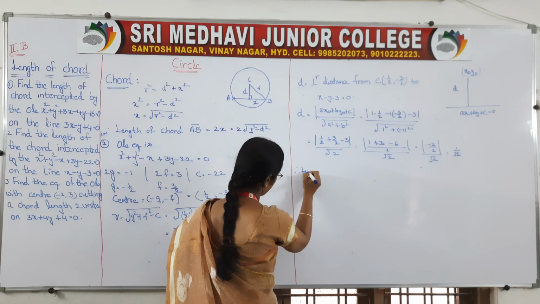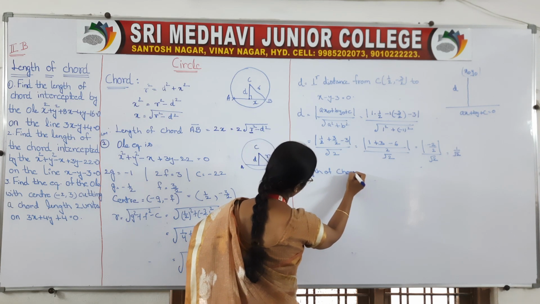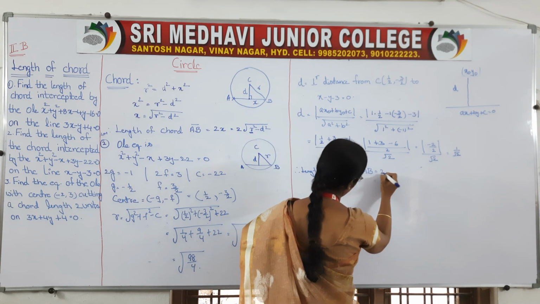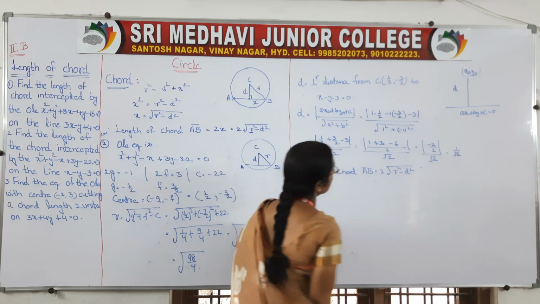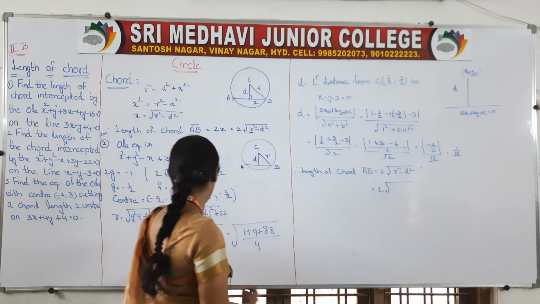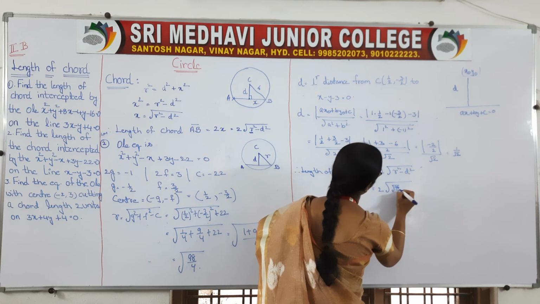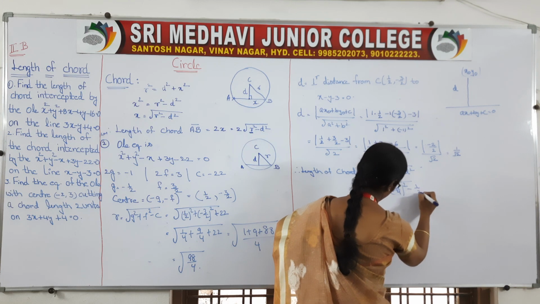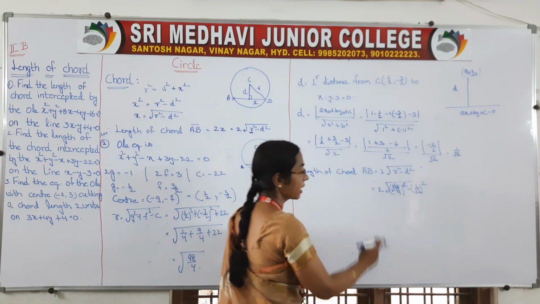Therefore, at the end we have to find the length of the chord AB is equal to, what is the formula? 2 into root of r square minus d square. We got both values, just to substitute. Your r is root 98 by 4 whole square, minus d is 1 by root 2 whole square. So square, square root cancel.